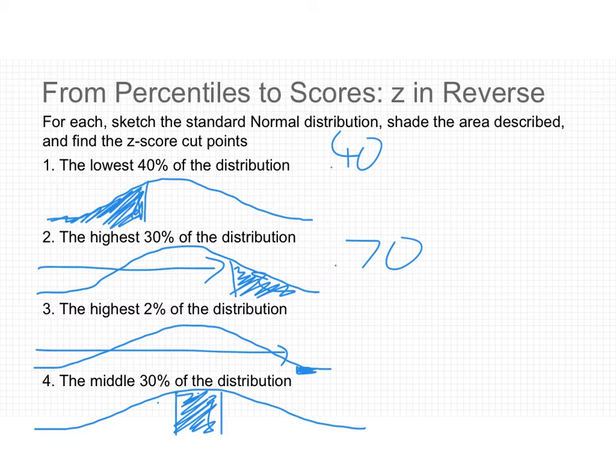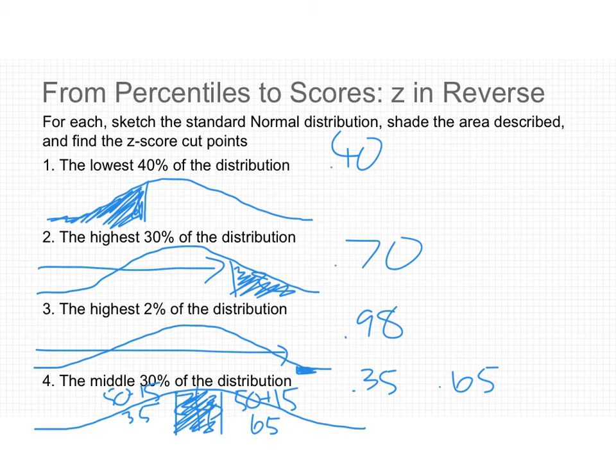Same deal for the highest 2%, we're going to subtract from 100, and we want 0.98. And again, you probably aren't finding exact values of this. You're going to get as close as you can. And then our middle 30, we're at 50, and we go 15 to each side. So the left side is 50 minus 15, which is 35%, and the right side is 50 plus 15, which is 65%. So we're looking for 0.35 and also 0.65 in our table to find our z-scores.